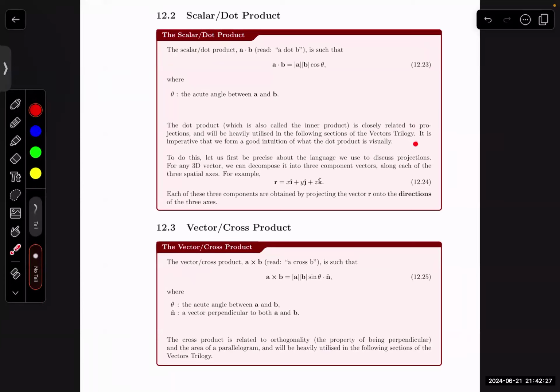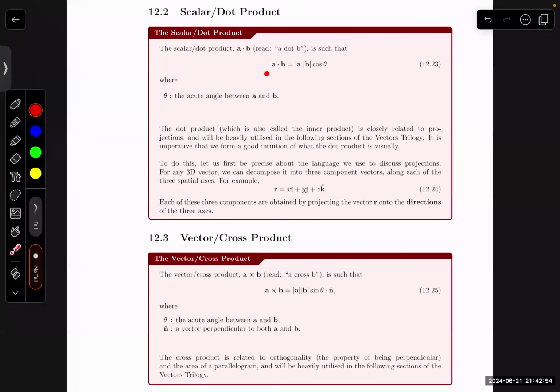All the words here are a shorter version of what I was trying to illustrate just now. If you read through, it's a lot less naggy, but the words don't really help you visualize. So I'm trying to help us visualize the ideas just now. But in summary, our dot product is this.